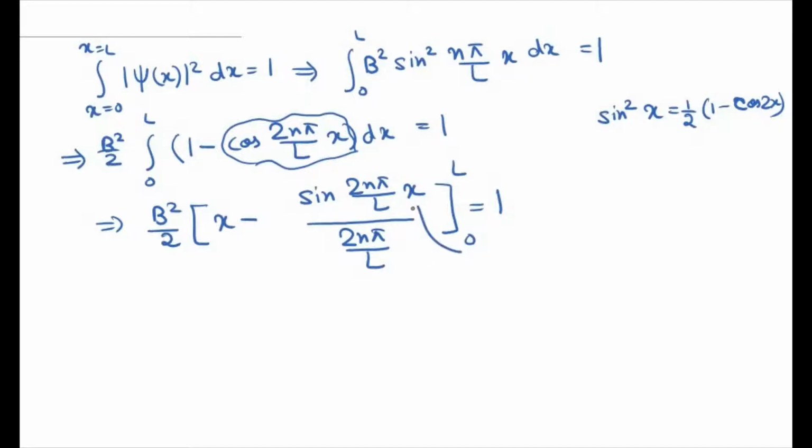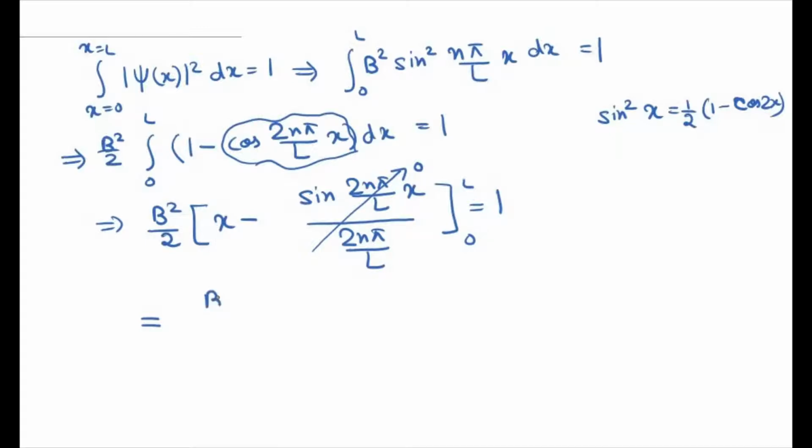Now if I put 0 over here, this is already 0 because sin of 0 is 0. If I put L over here, then it becomes sin 2nπ, and sin 2nπ is basically 0. So this part becomes 0.